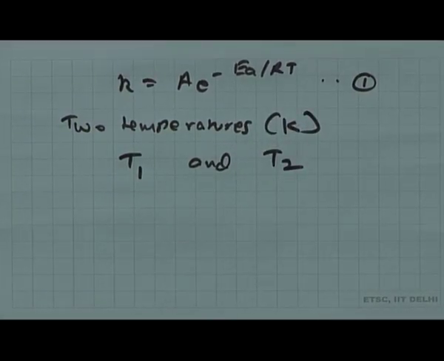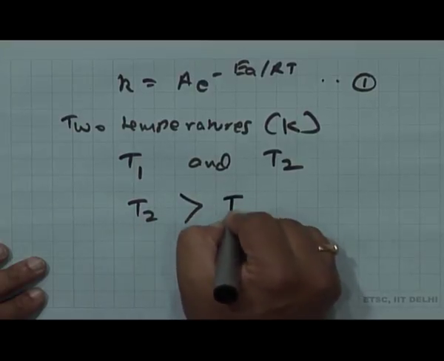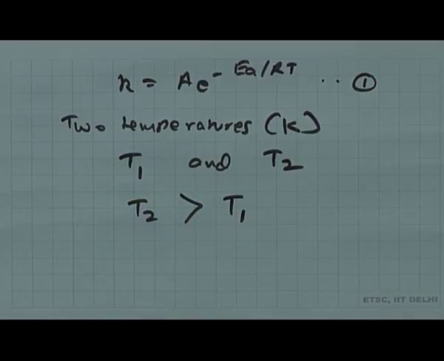Remember, always take temperature in Kelvin; do not by mistake put in degrees Celsius, please. T2 is greater than T1, so you are running the reaction at a higher temperature.